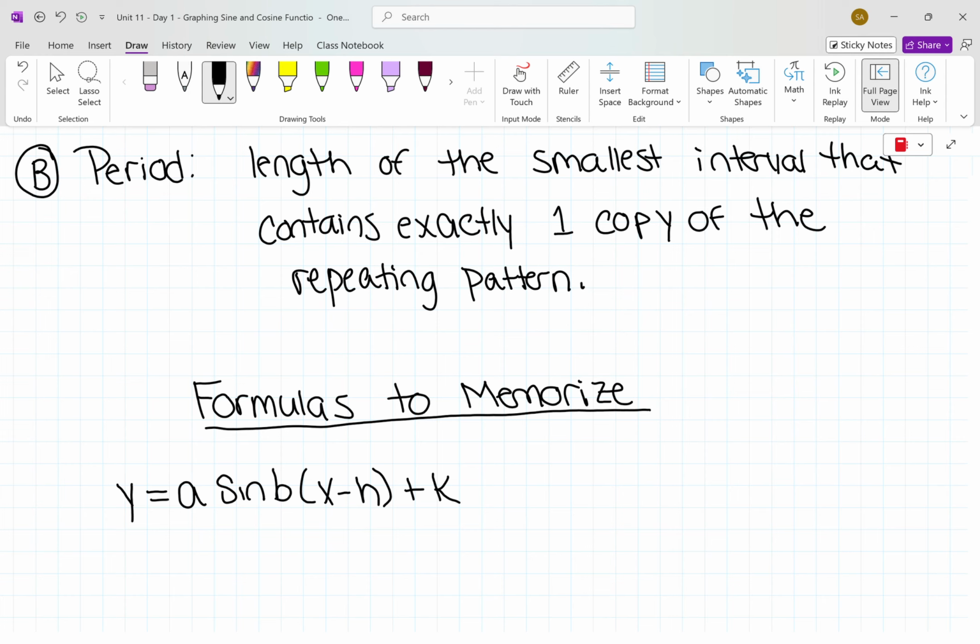No. We're going to just focus on sine and cosine, and then after we quiz, then we'll do other graphs. And that's for sine. For cosine, we're going to have y equals a times the cosine of b times the quantity of x minus h plus k.